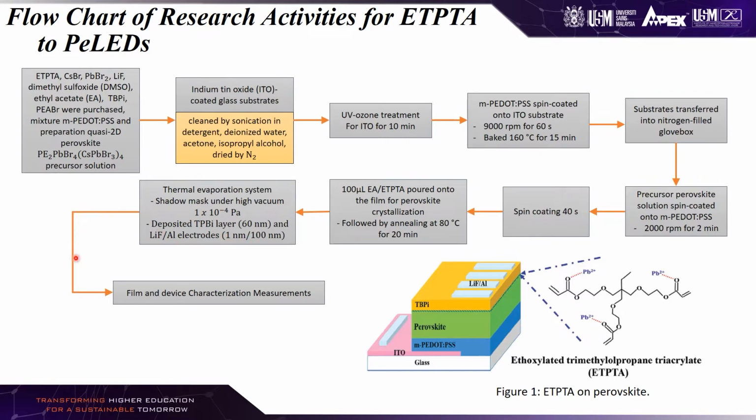The final process is film and device characterization measurement. This is Figure 1. We show ETPTA on perovskite. This is a layer with ETPTA, which is an interface sandwiched between the perovskite layer and the TPBi layer.